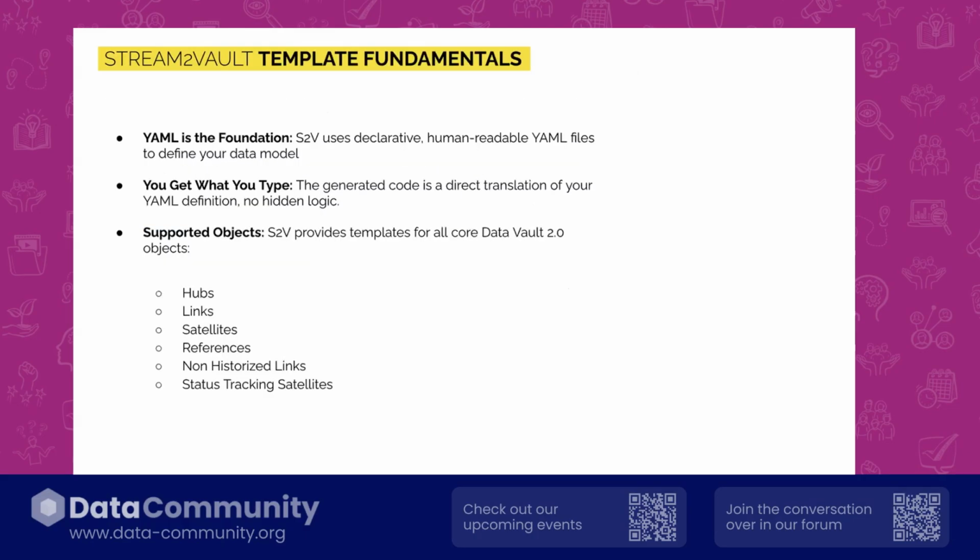Within the YAML templates, we defined all the standard data vault objects, so you can create your hubs, links, satellites. For satellites, we have a few variations, like multi-active satellites or aggregated. Not going into too deep details. We also designed them in a way that they are strict. You only get what you type, and we force you to use the exact structure.